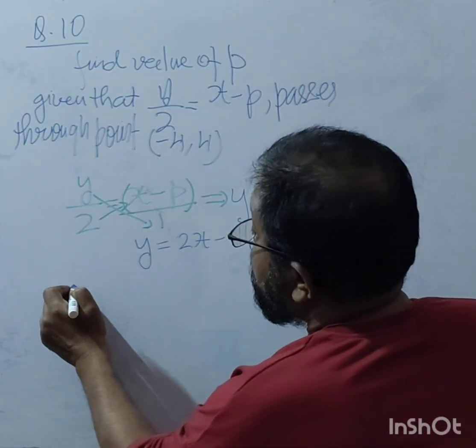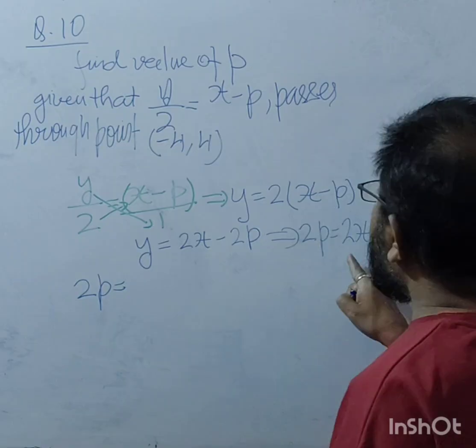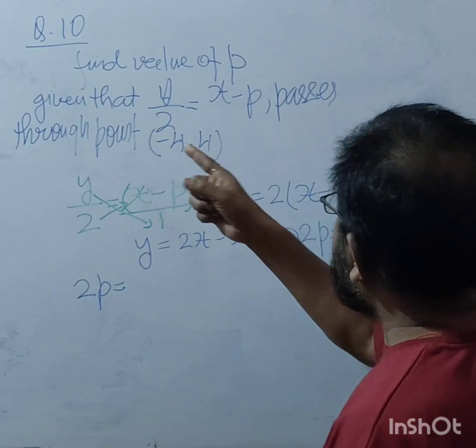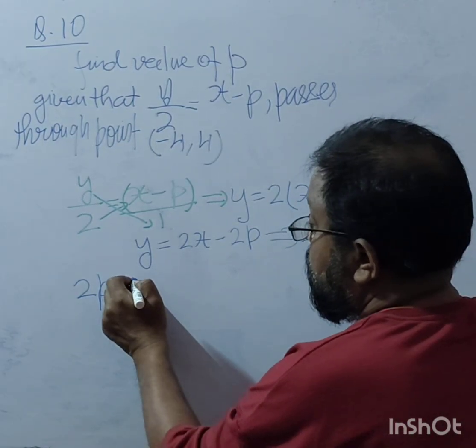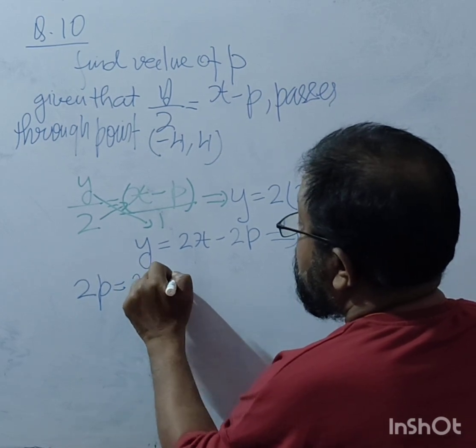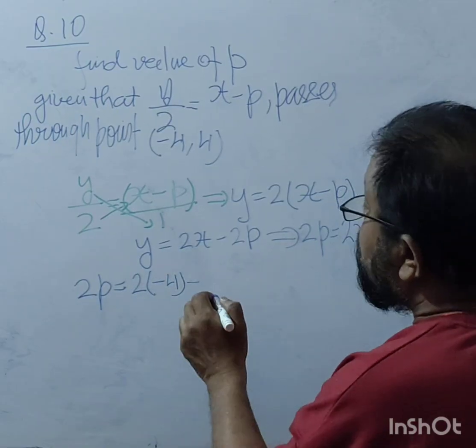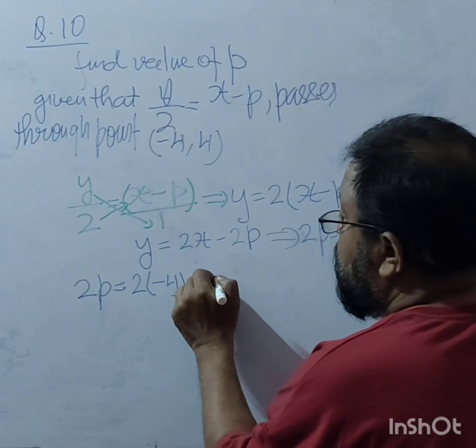So 2p is equal to 2 into minus 4 minus 4, right?